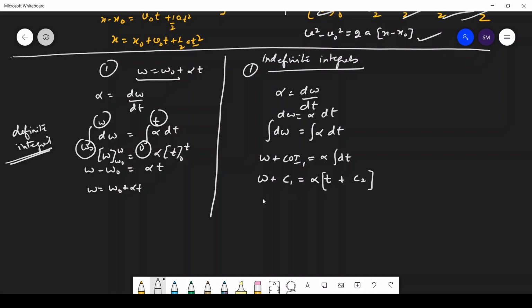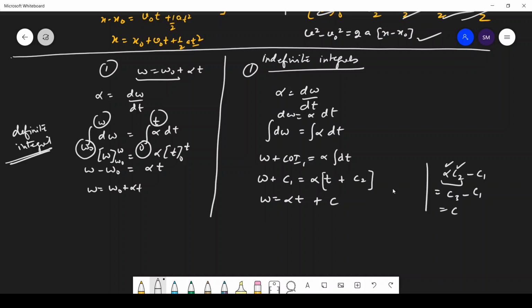Now omega is equals to alpha t plus c2 minus c1, since minus c1 will go to this side. Alpha is also constant, c2 is also constant, so you will get a constant here minus c1. Constant minus constant is again a constant, so this is the ultimate constant.